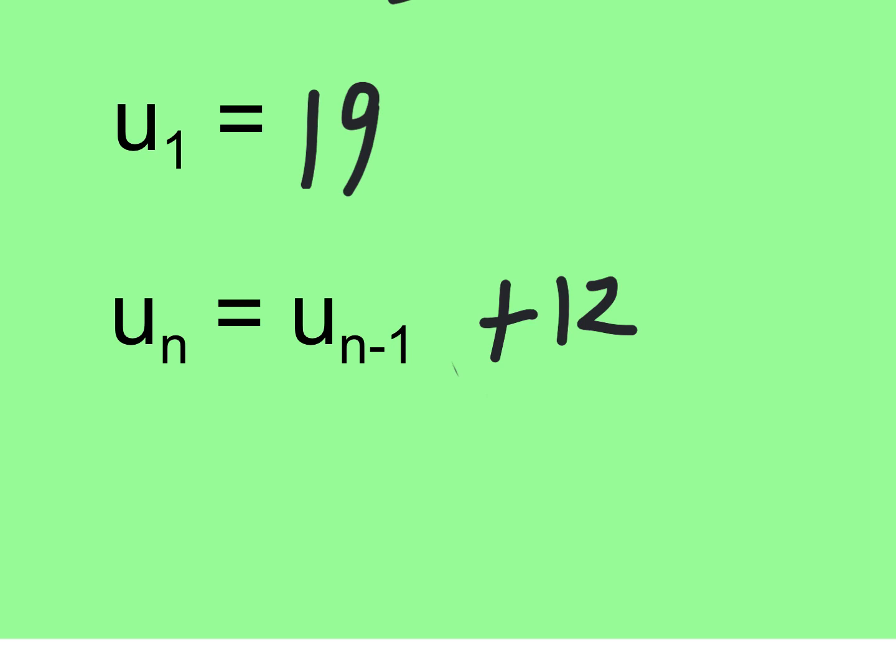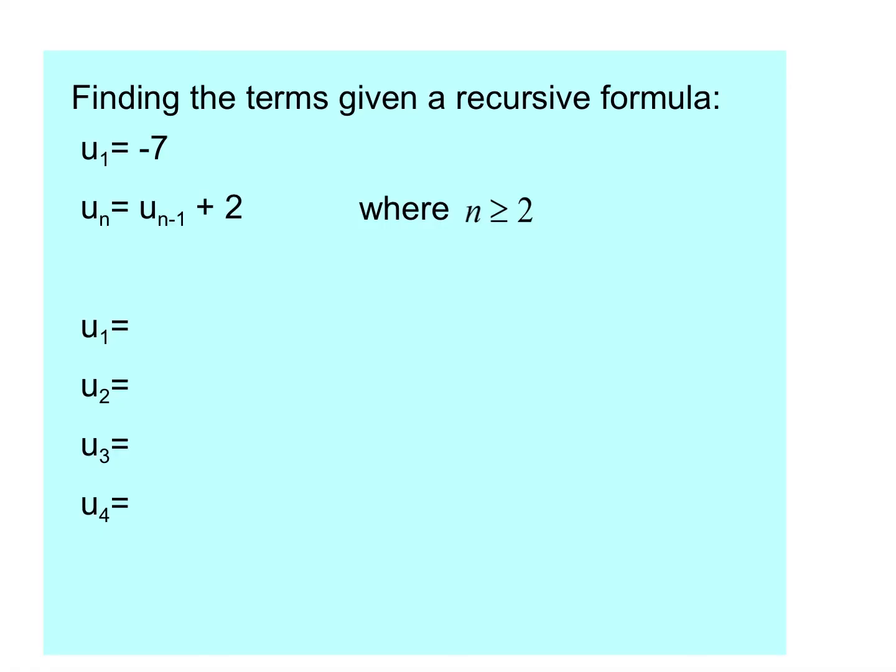Okay. Cool. So let's see how far they're going to take us on this first day. This one's still the same. It's just saying if the first one's -7, like what are the next few terms? And now they're saying that the n has to be greater than or equal to 2.